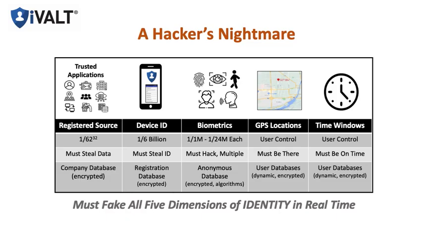One of our investors wanted us to call this slide a hacker's nightmare. We are challenging hackers to fake all 5 dimensions of identity in real time. These dimensions consist of the registered source. First of all, they don't know what the source ID is, so they would have to steal that data. The device ID would have to be stolen, and that's stored in a separate database.